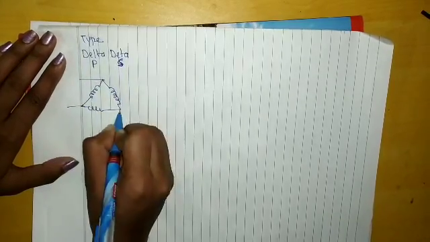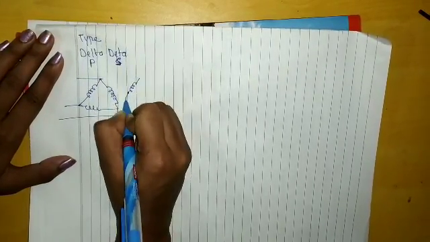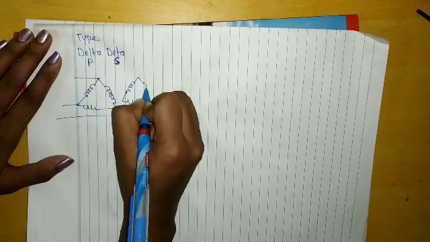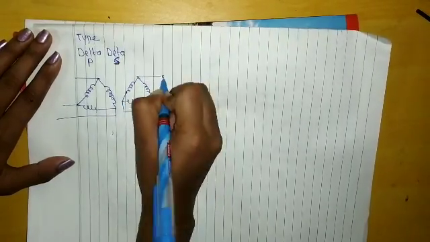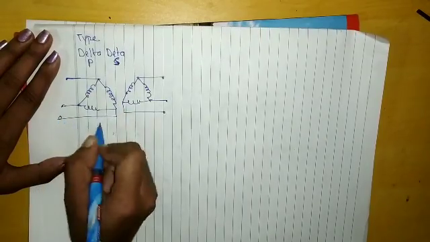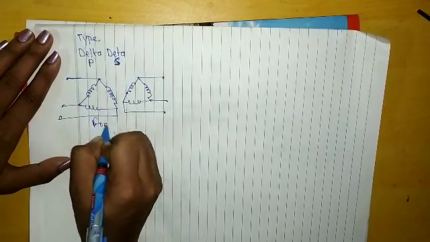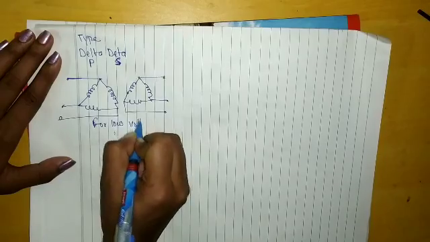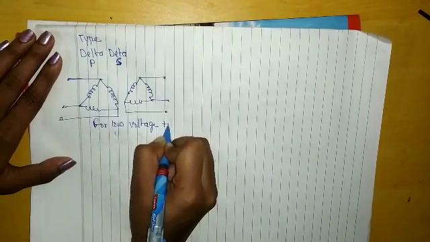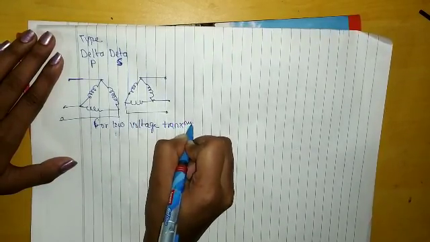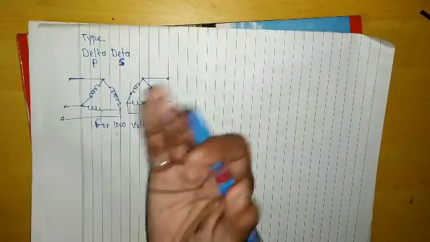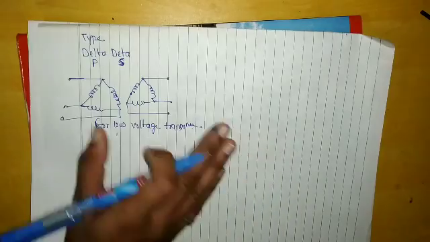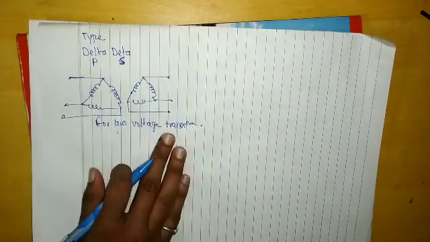So this is the delta, and for secondary side also it is delta. Okay, so this is the connection diagram, and it is used for low voltage transformers. So star star was used for high voltage high power transformer, delta delta is used for low voltage transformer.